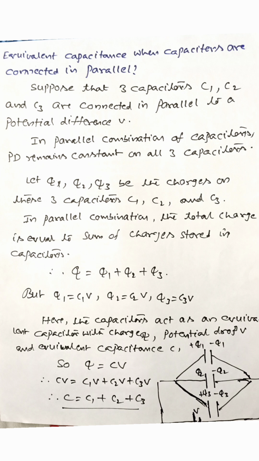On taking V common and cancelling it on both sides, we get C is equal to C1 plus C2 plus C3. Therefore, in parallel combination, effective capacitance is equal to the sum of the capacitances of these three capacitors.